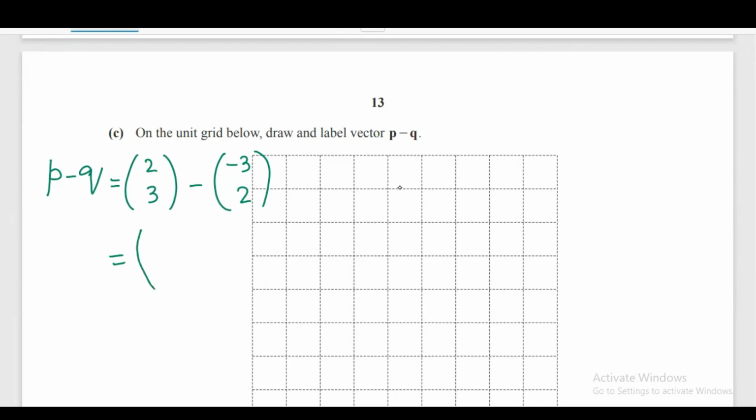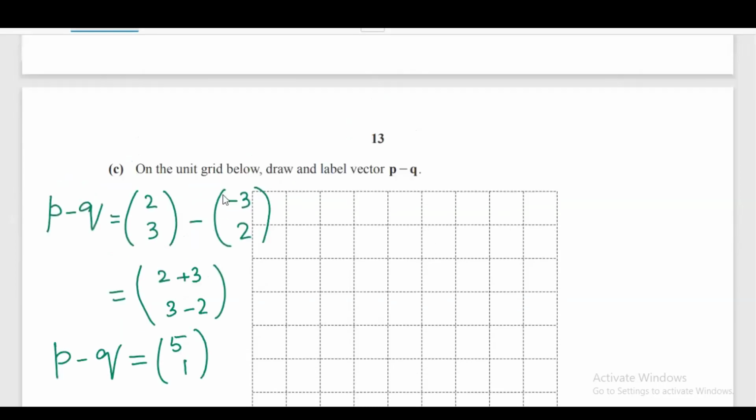So we have to subtract 2 minus -3. So 2 minus minus, and minus multiplied by minus is plus. So 2 plus 3 and 3 minus 2. After simplification, we get P minus Q, which is 5, 1.